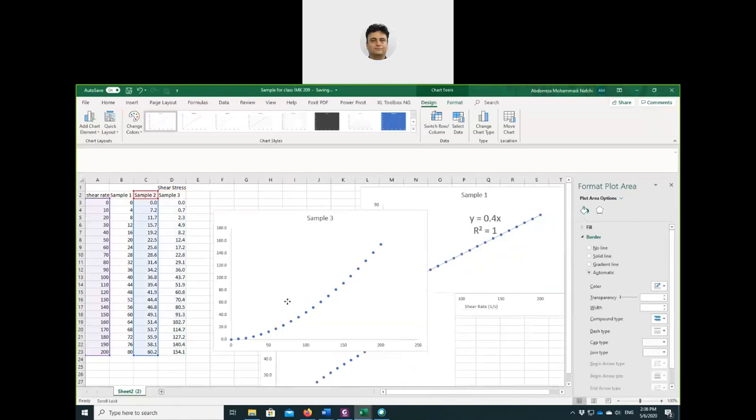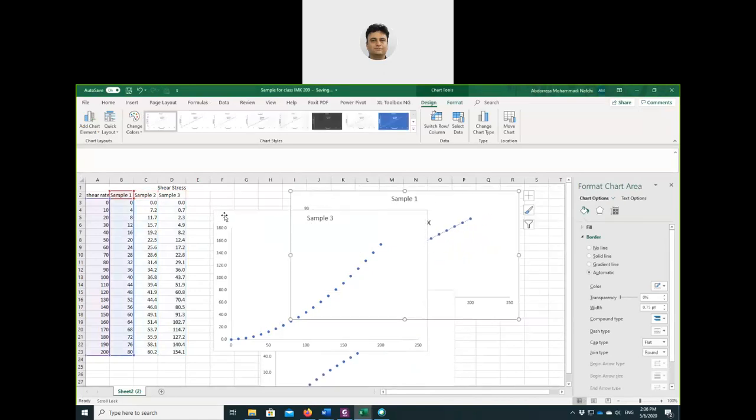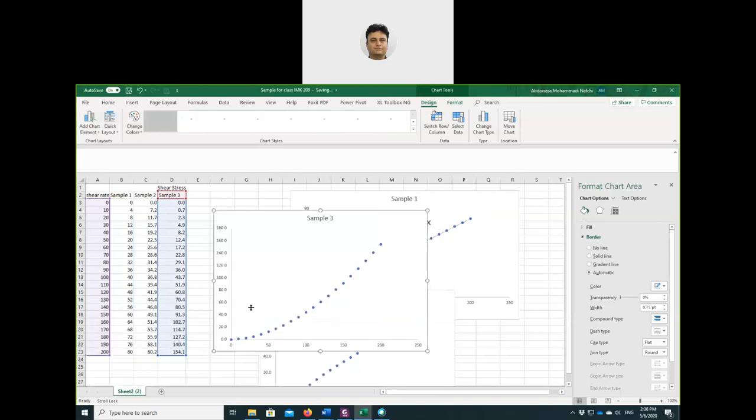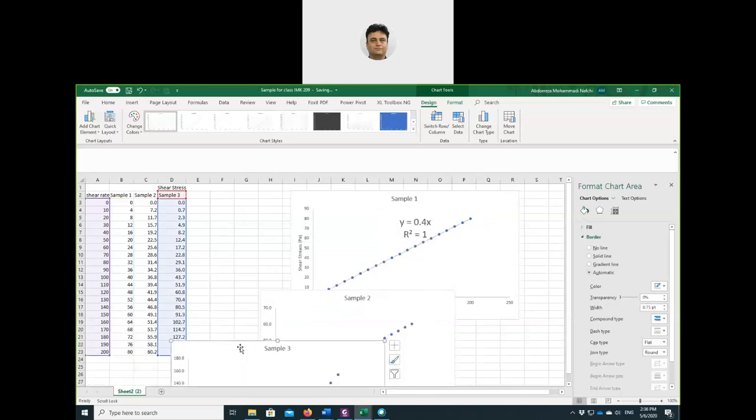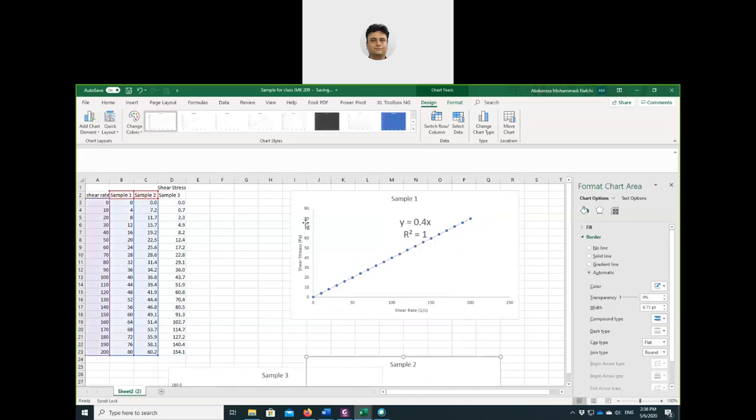The first one is the Newtonian. I want to bring the samples down. Okay, this is a Newtonian. Y is sigma and x is gamma, so the mu is here. We can easily find the viscosity for Newtonian in a simple way.